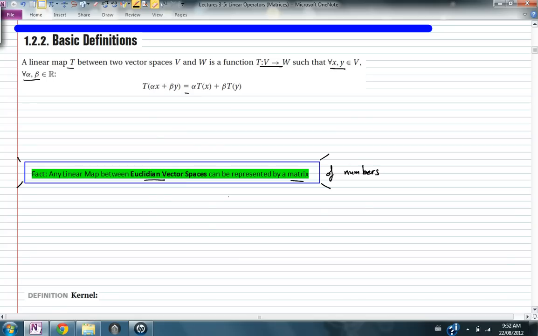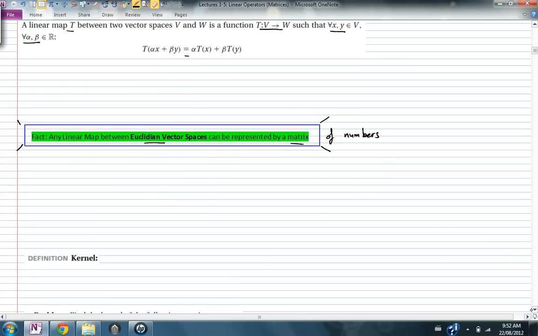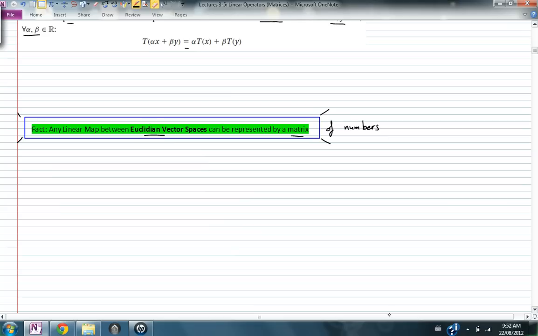So the next thing we want to discuss is, since it's a function, whether this function can be inverted or not. Can I find the inverse of the function if this function takes me from one vector space to another?